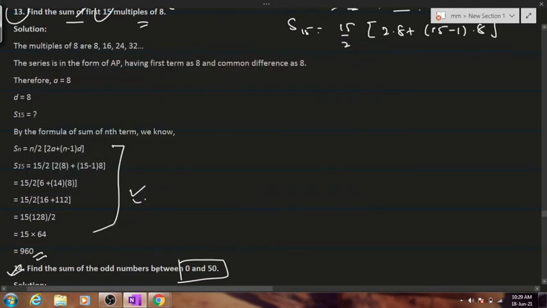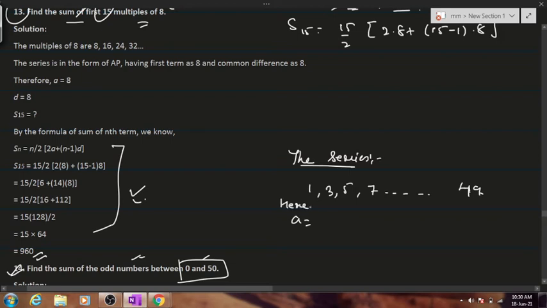Yes, now the sum of odd numbers between 0 and 50. So the series will become 1, 3, 5, 7, goes on till 49. This will become a very easy numerical for you. It's just that you'll have to write the given portions here.